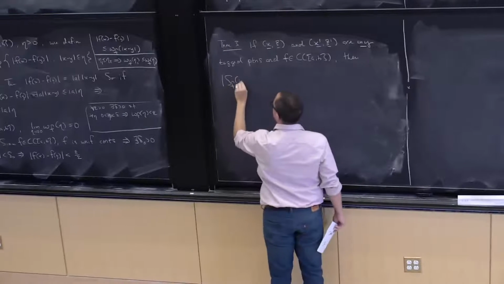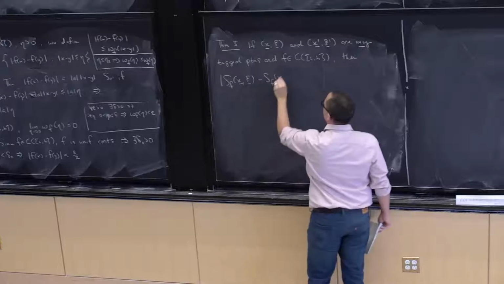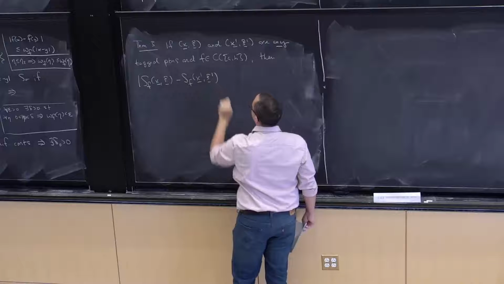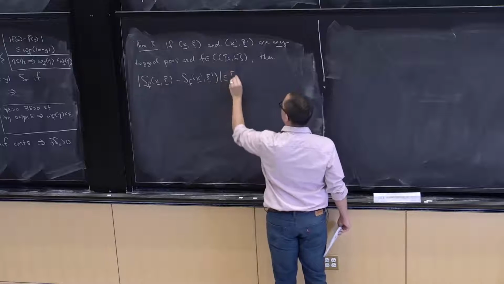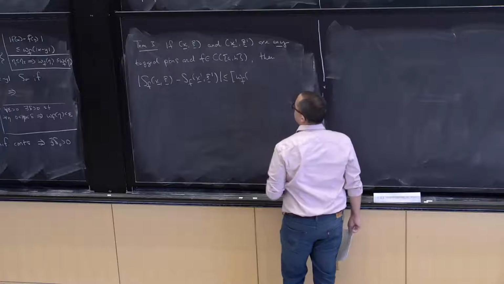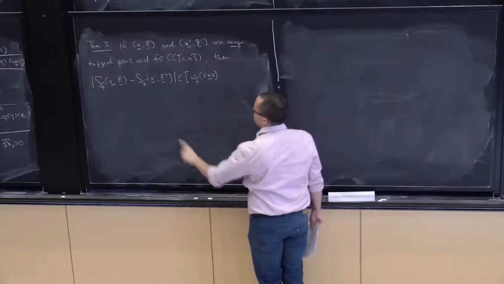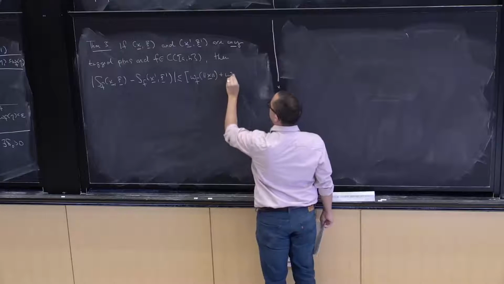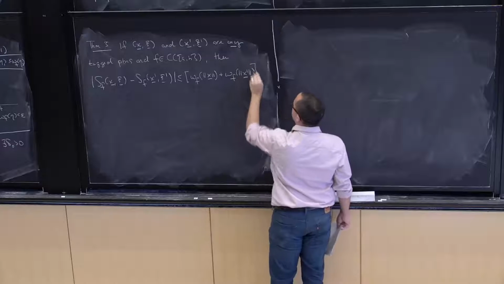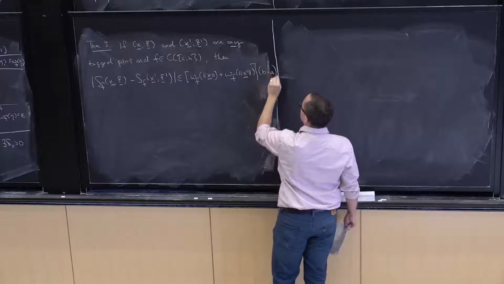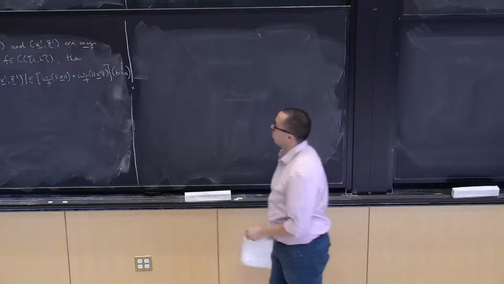if I look at the Riemann sum of this guy and compare it to the Riemann sum of the other guy, this is less than or equal to the modulus of continuity evaluated at the first partition plus the modulus of continuity applied to the second partition, times the length of the interval. So what does this say?